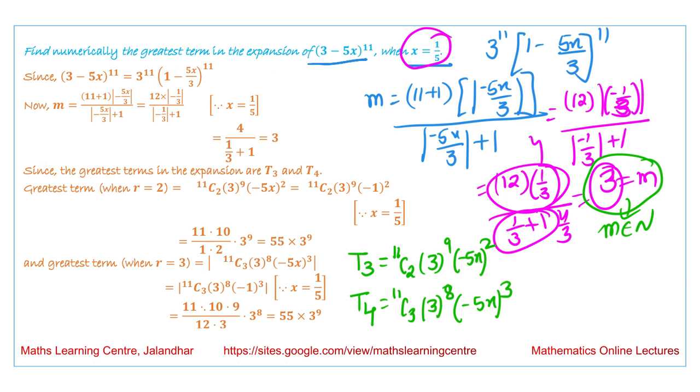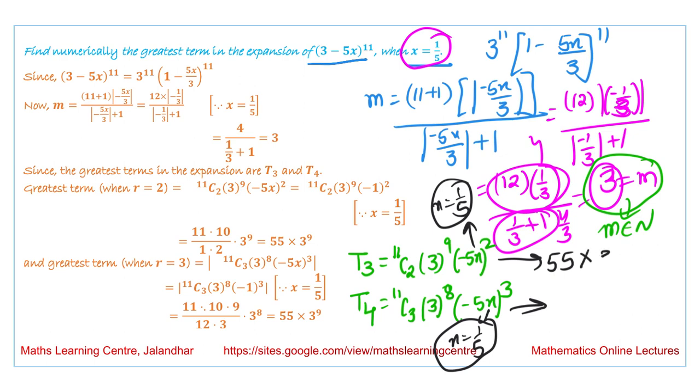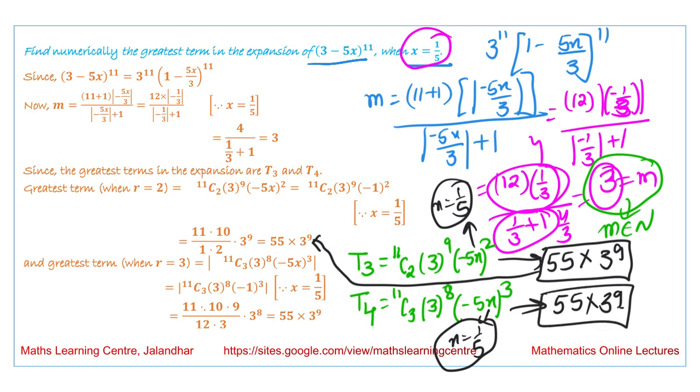Now if we substitute x equal to 1/5 in both these equations and calculate the value of both terms, you can check by making these calculations, we will get the answer as 55 into 3^9, and this value is also 55 into 3^9. Both the answers are equal. So we are saying that both T3 and T4 are the greatest terms in this case.